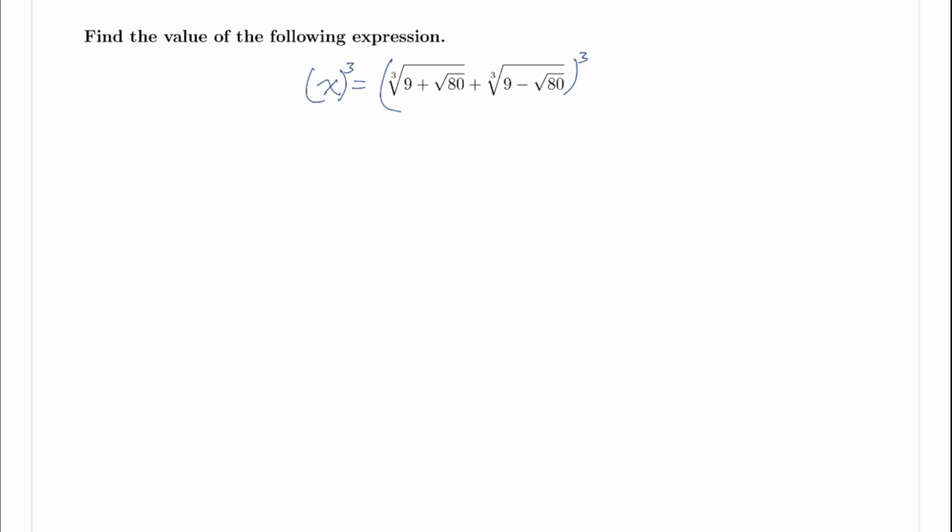This is going to take a second, but bear with me here. We're going to do a little bit of work to actually factor out all of this.